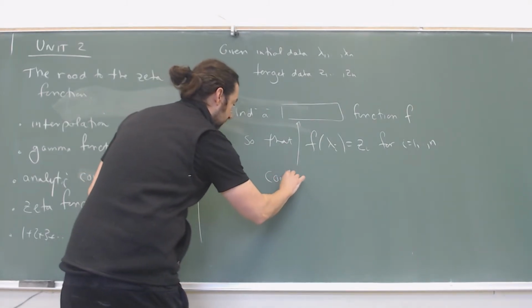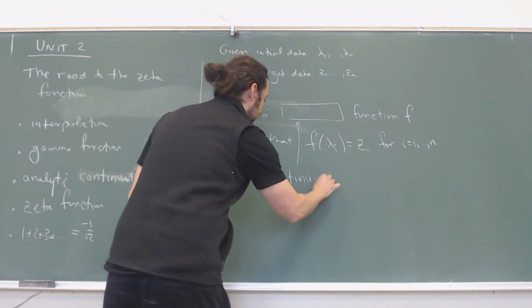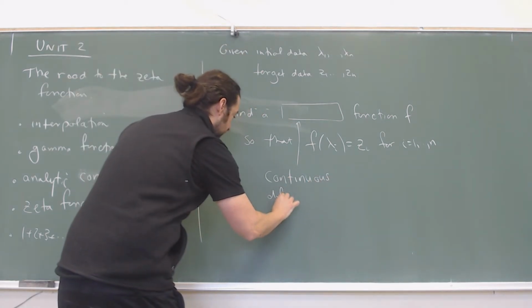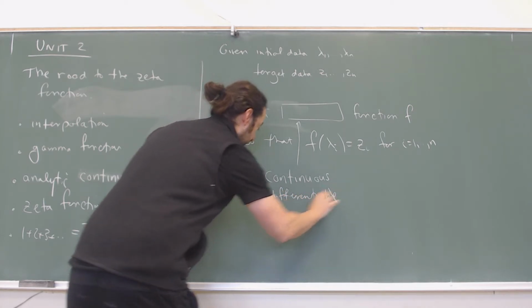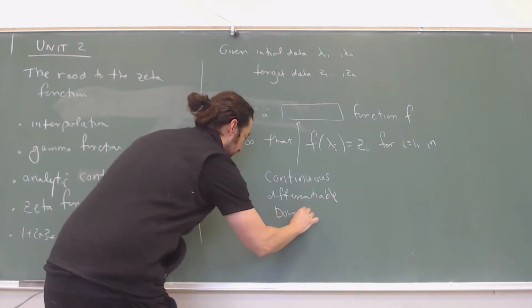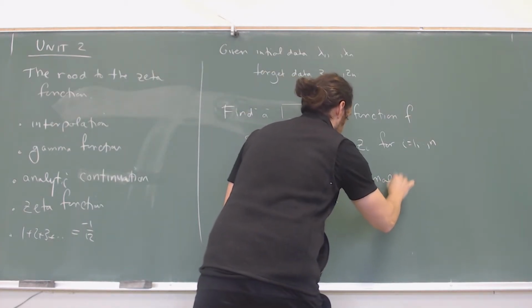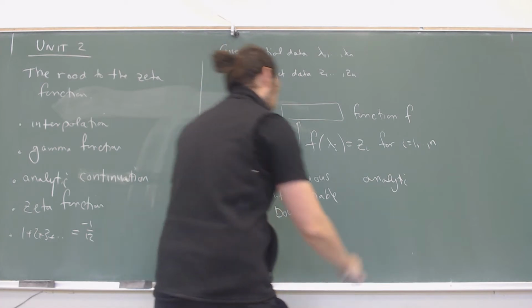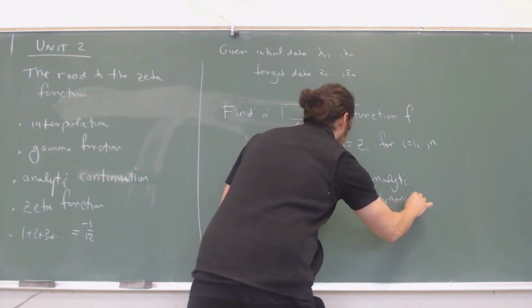So what could go inside this box? Some different combinations of conditions we might ask for include continuous or differentiable, bounded, or analytic, or polynomial, which is the classic one and what I'm going to start with today.